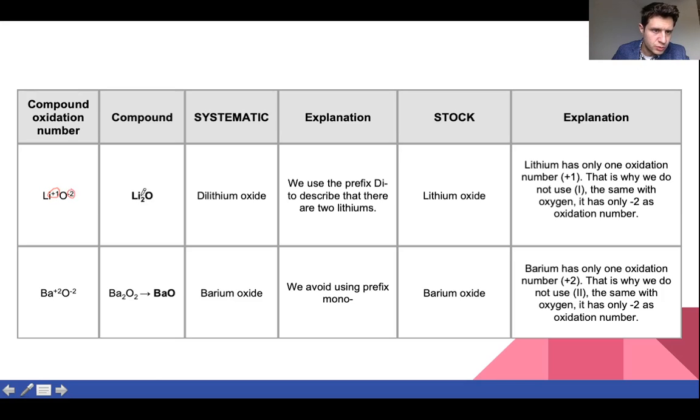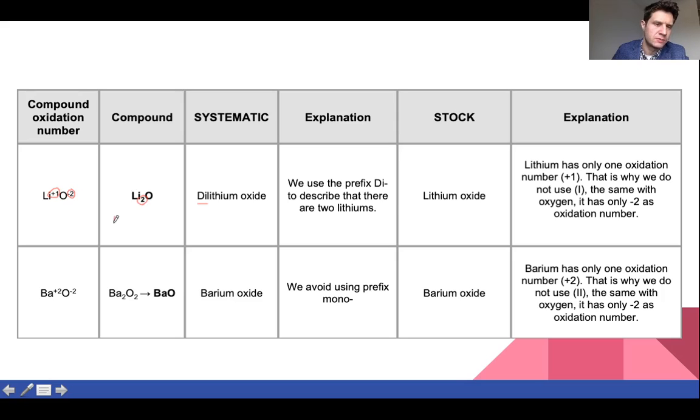So we shift the oxidation number of oxygen and we put it close to the lithium. Okay, and then we call it lithium oxide, because it means that we have 2 lithiums and 1 oxygen, to balance the compound.